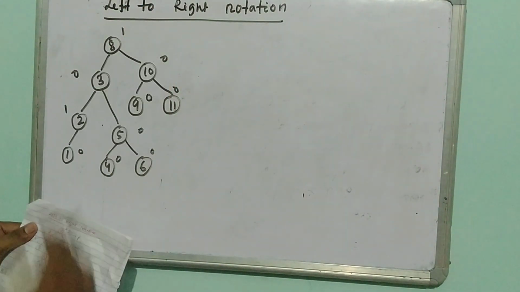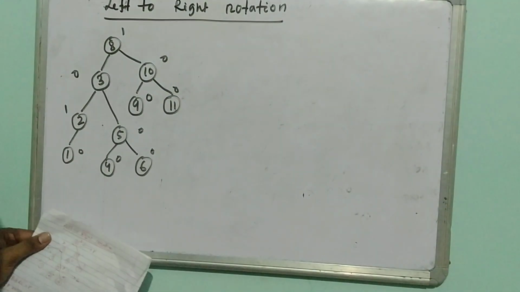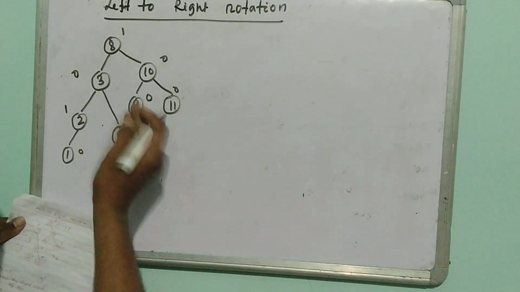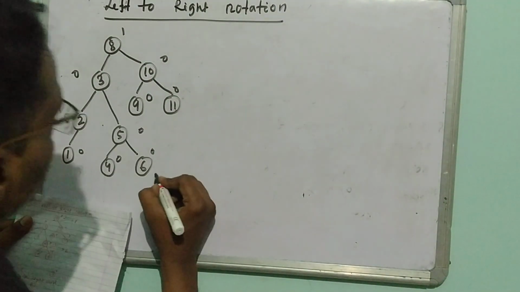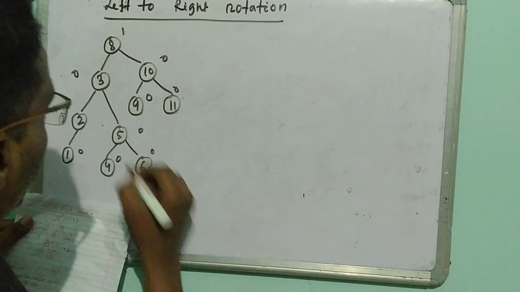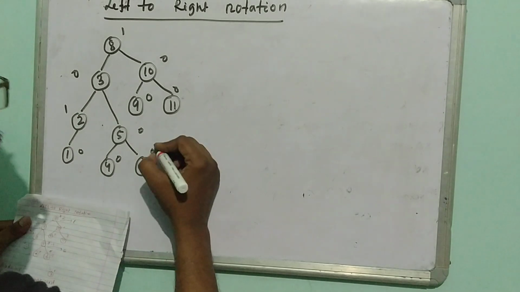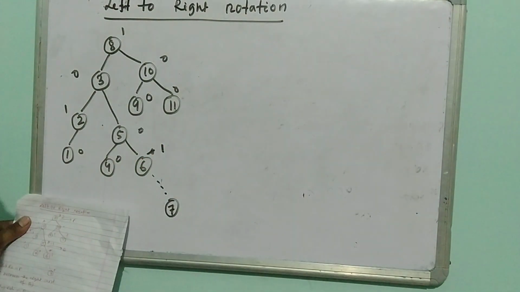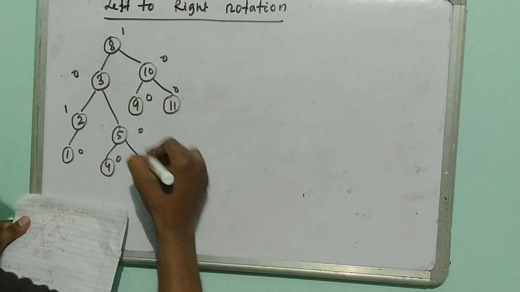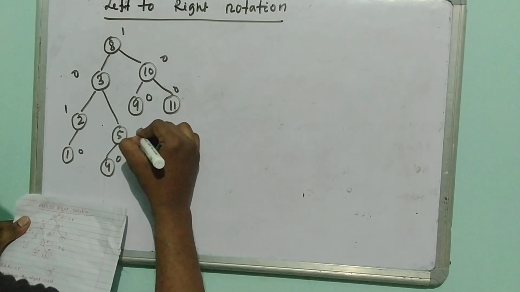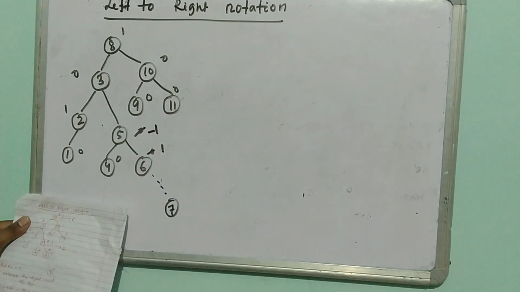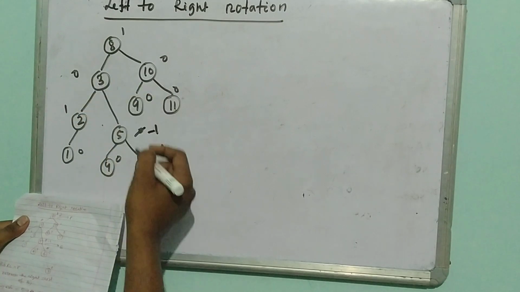And the rotation, we have to make the left to right rotation. So we are having the right part of the left subtree heavy. Suppose I have to insert 7 here. Yes, I can insert. So whenever I am inserting 7, this becomes 1. And this becomes heavy. This becomes minus 1. 1 2 3 1 2.